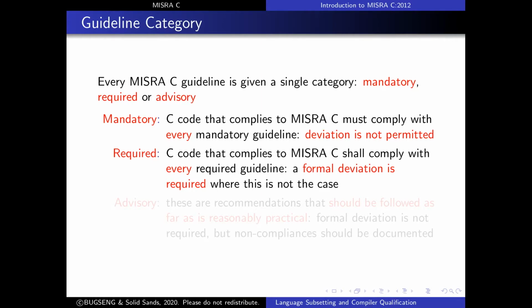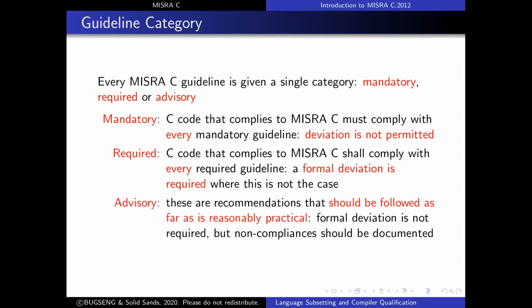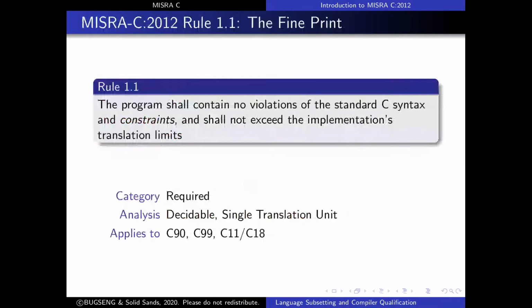So the justification must include an assessment of the risk involved in not complying, and it should contain a plausible argument, defendable in front of a peer, that will have to be convinced that indeed there are no risks involved. Advisory guidelines are just recommendations. They should be followed as far as reasonably practical. You need not raise a formal deviation if you do not observe them, but non-compliances should be documented. So they should be listed at the end of the project.